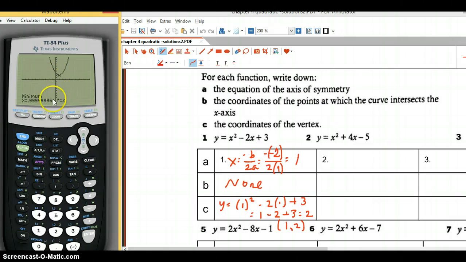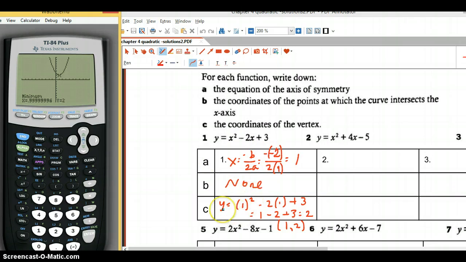The x-coordinate of the vertex is basically the whole equation for the axis of symmetry. So you just put the x-coordinate there, x equals 1. That's part A. So by using the calculator, we already have A and C. And we also have B, because B says, where does the parabola cross the x-axis? You can already see from the graph that it doesn't, so you just put none.